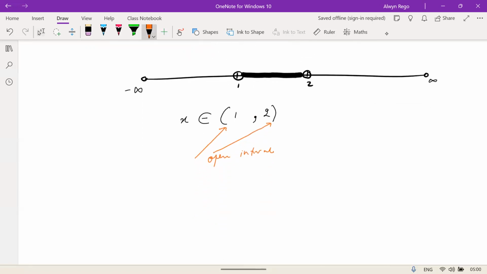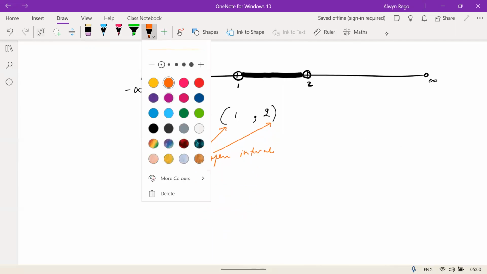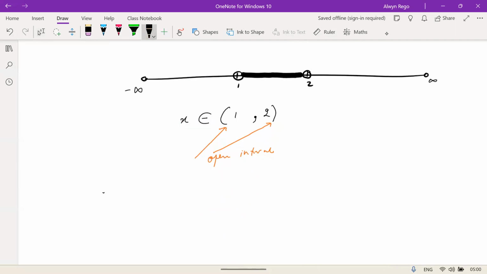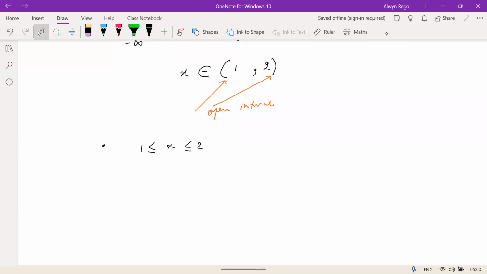Let's see, I have the second one here. That is, set of all values of x between 1 and 2, but including 2 and including 1. We represent that on the number line by marking 1 and 2 like this.